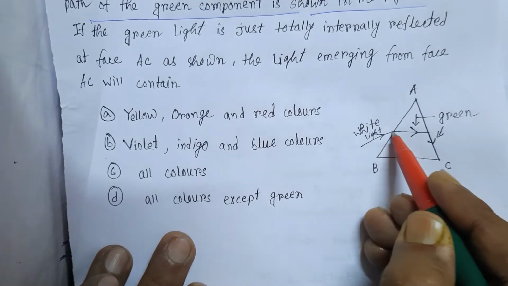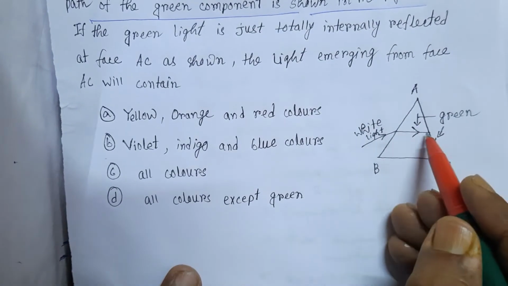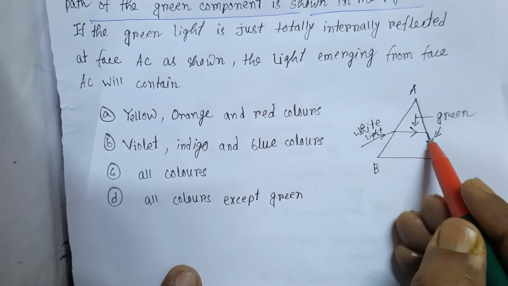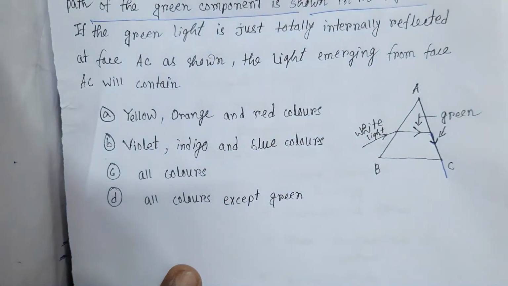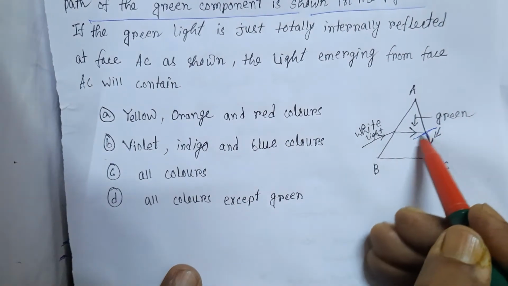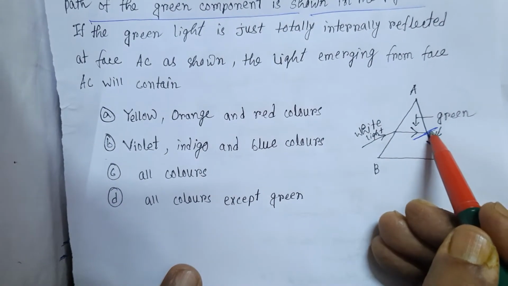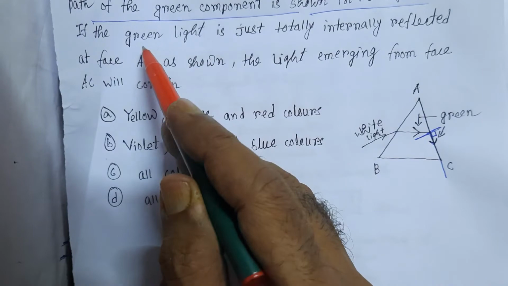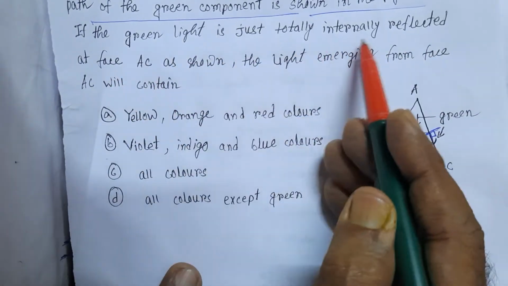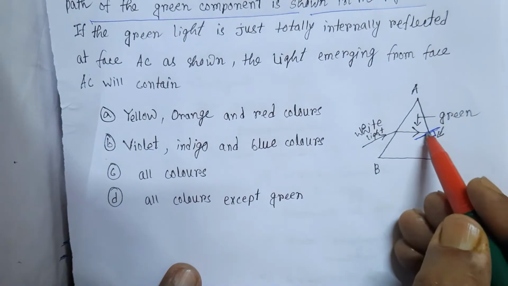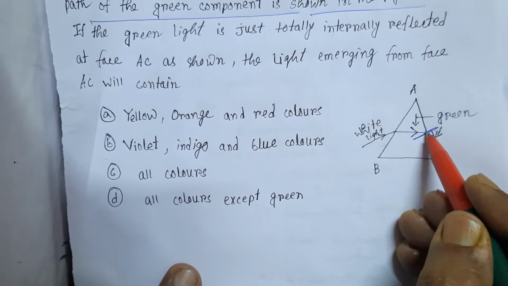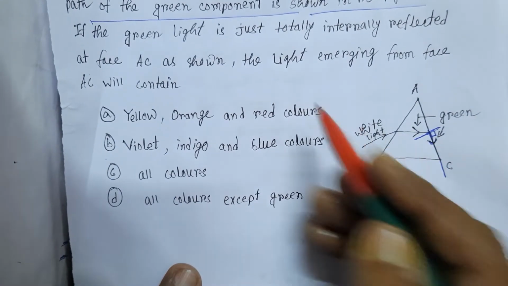So white light is incident on a surface and the green light is just critically refracted, so the angle of refraction for the green light is 90 degrees here. It is totally internally reflected at the face, just going through the surface.